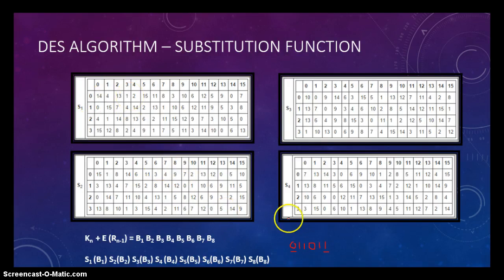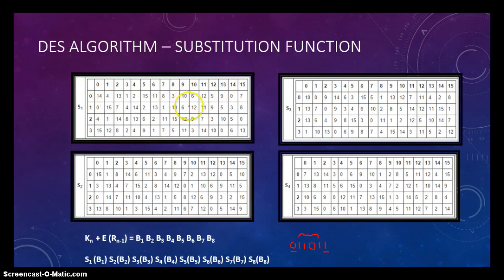In this case, 0, 1 in decimal is 1, so it means that we have to work with row number 1. Then with the middle 4 bits, in this case 1, 1, 0, 1, if we convert this binary number to decimal, we get 13, so it will be our column 13.